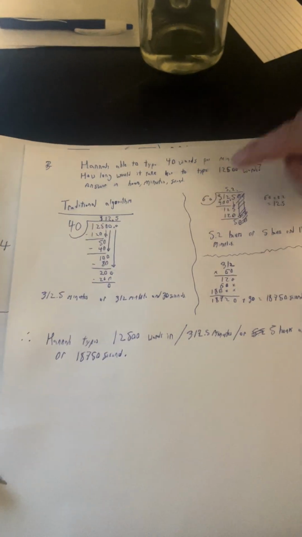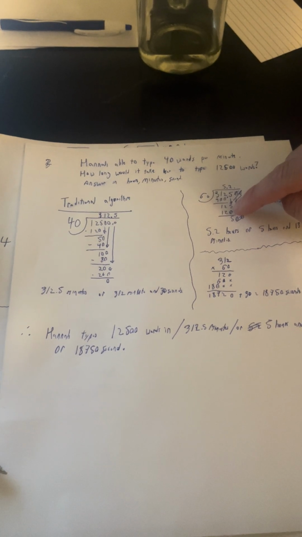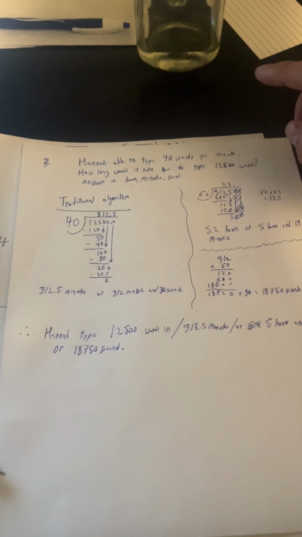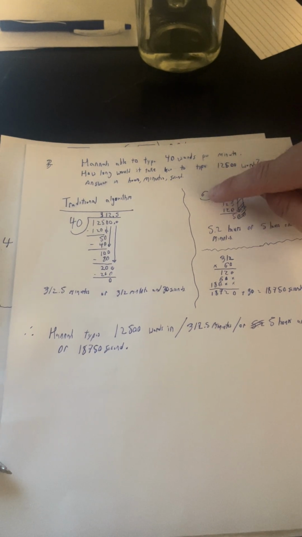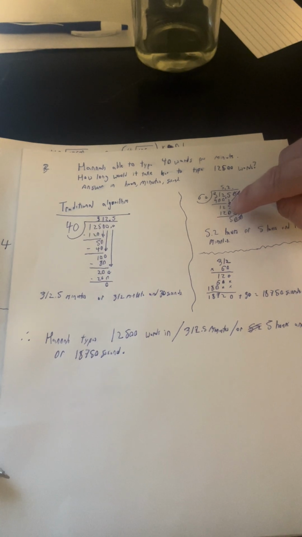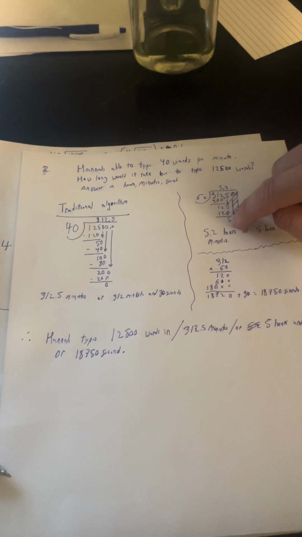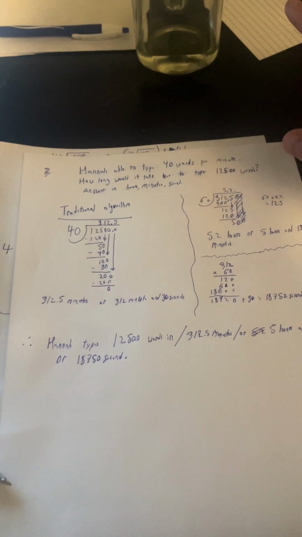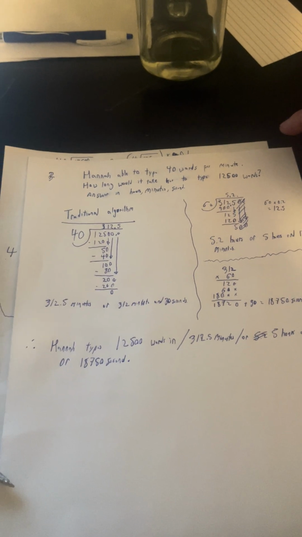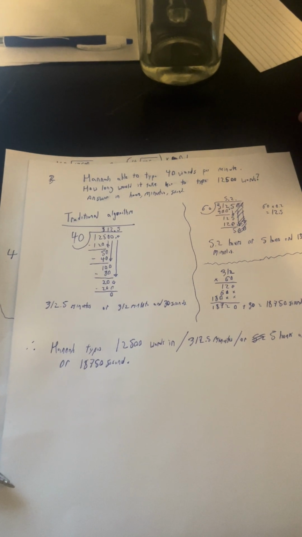For this part, we want to see how many times 60 can go into 125, and that equates to twice. 60 times 2 equals 120. 125 minus 120 is 5. I just stopped there to make it easy.